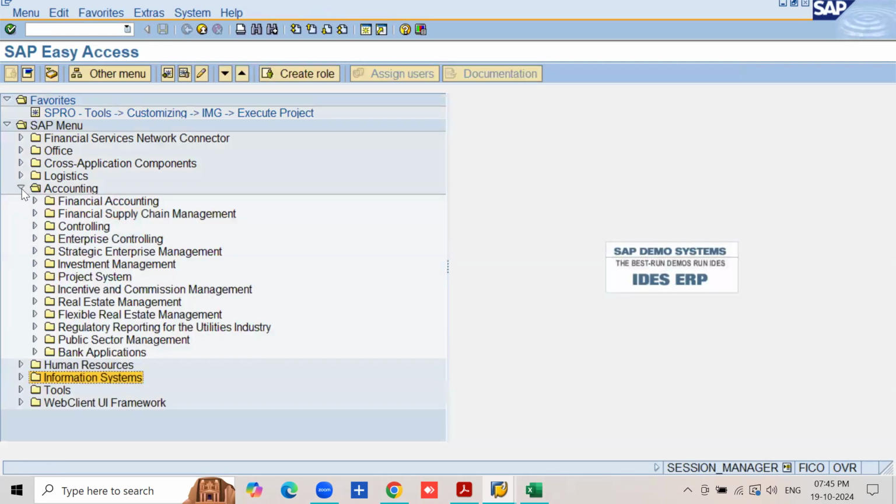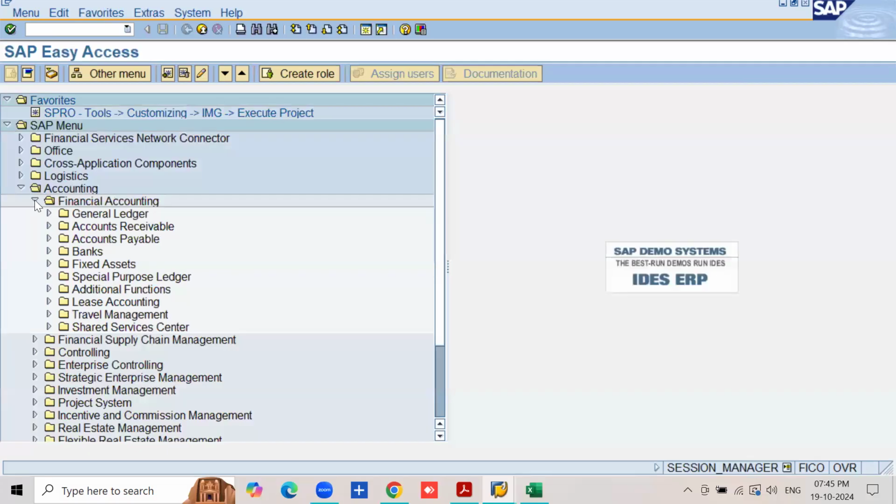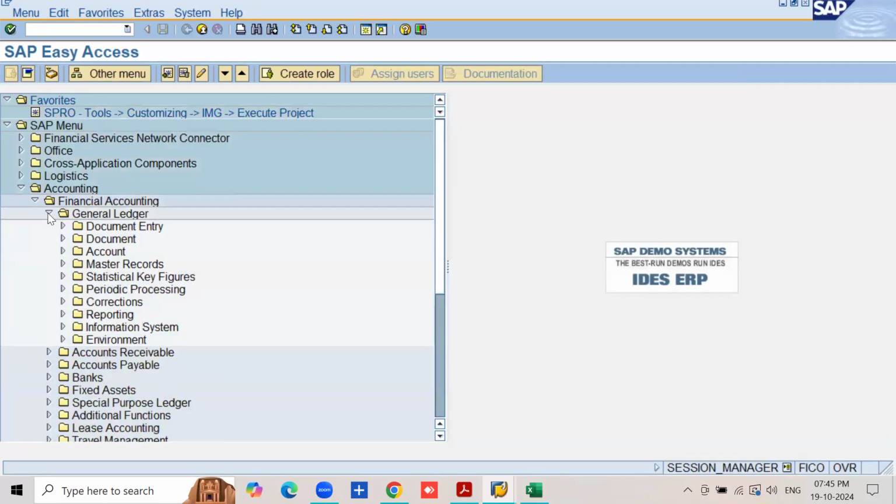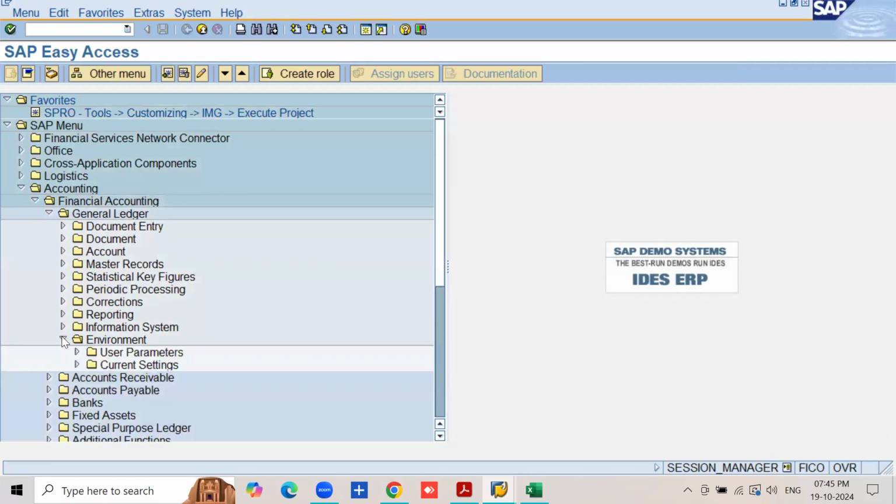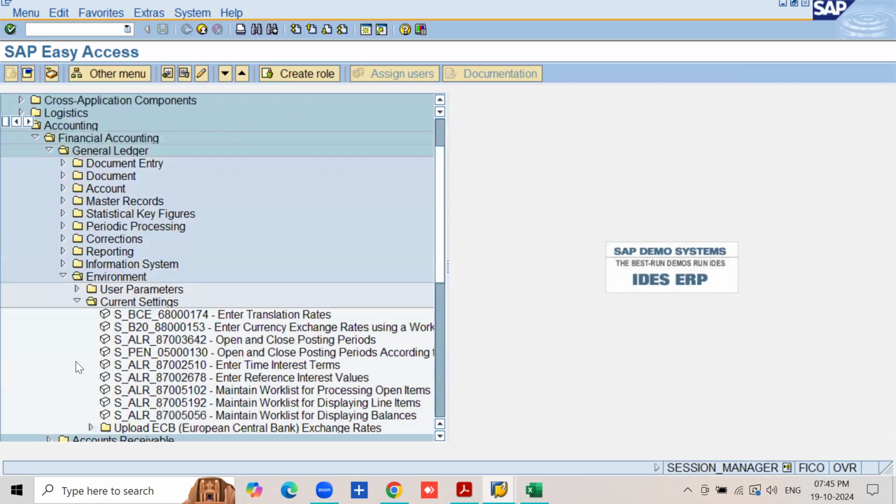Accounting, financial accounting, general ledger, environment, current settings, enter translation rates.